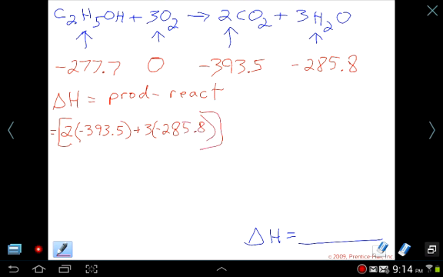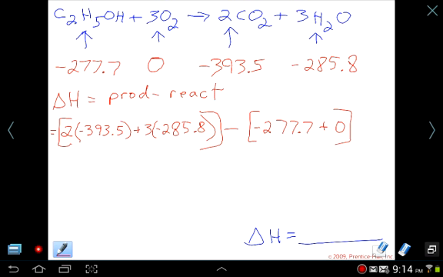These are our products, and then it's products minus the reactants. Our reactants are just 1 mole of ethanol, which is negative 277.7, and some oxygen whose heat of formation is 0.